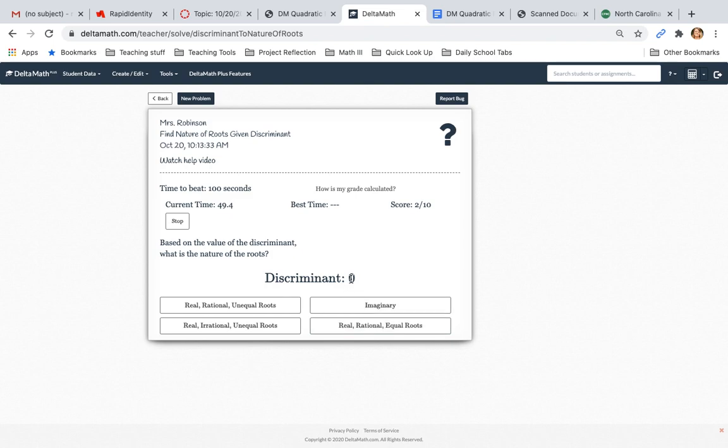If my discriminant is 0, that is real, rational, equal. And that's how it works. So it's just kind of like a skill drill to help it get in your head really good. 49 is a perfect square, so that's 2 real, rational, unequal.